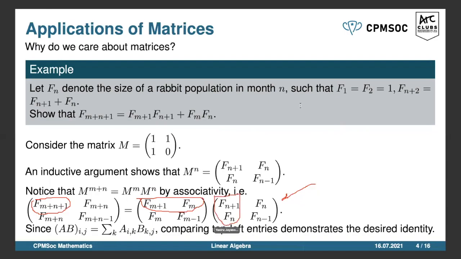If we evaluate the top left entry on the right-hand side, we'll get this right-hand side here, and this left-hand side here matches this top left entry. So it's completely out of the blue. Somehow, just manipulating matrices has helped us prove our desired identity for the size of the rabbit population. That was quite a spectacular application of matrices.